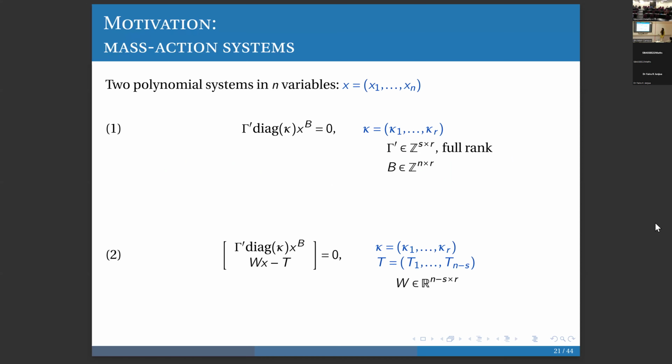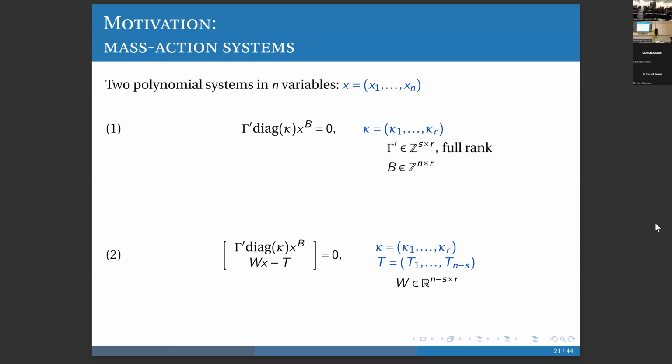So I remind you the structure of our polynomials is the same. So this first is a system where I have removed all the linearly dependent rows. So that would be the system defining my positive steady-state variety. And it depends on the case.